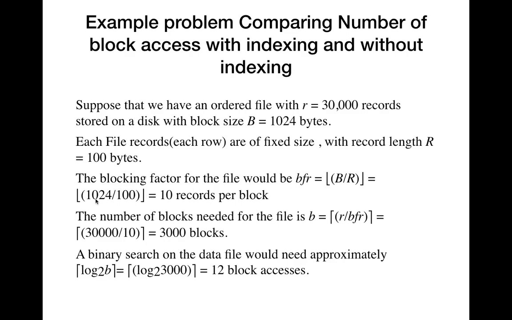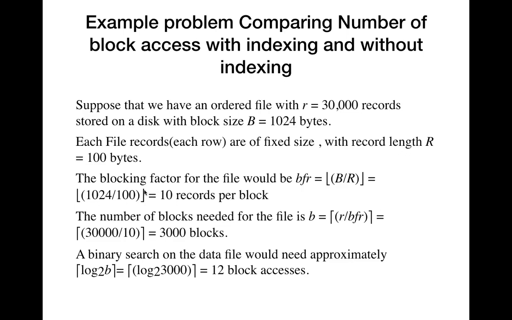So if the size of the block is 1024 and 100 is the record size, 1024 by 100, you can actually store 10 records per block. I hope you're aware of the ceiling function and the floor function. This is the floor function, which means that 1024 by 100 comes to 10.24, and we will be taking 10 because 10 whole records can be stored in the block, and we cannot store half of the record in a block and half of the record in another block.